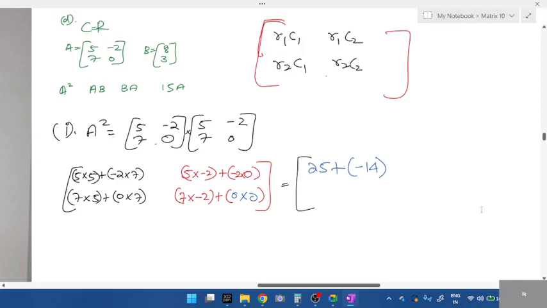Whoever has done, multiply A into B. Try A into B and 15A. BA I'll explain. Complete AB and 15A.